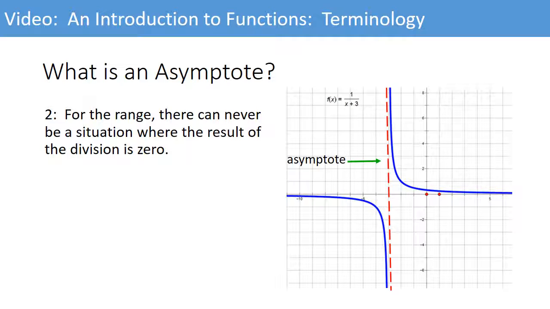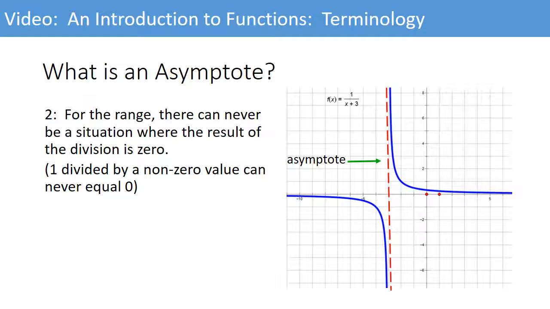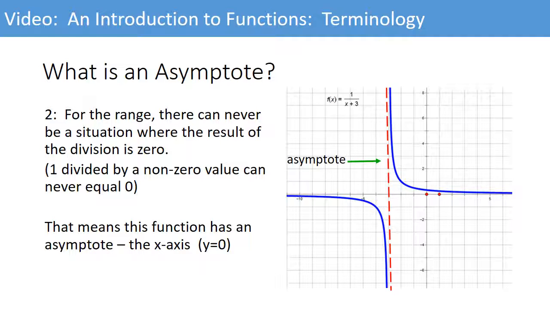Now, for number 2, for the range, there can never be a situation where the result of the division is 0. 1 divided by a non-zero value can never equal 0. This means that this function has an asymptote occurring at the x-axis.